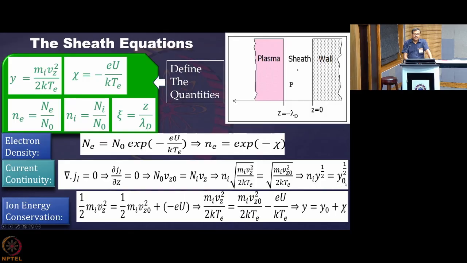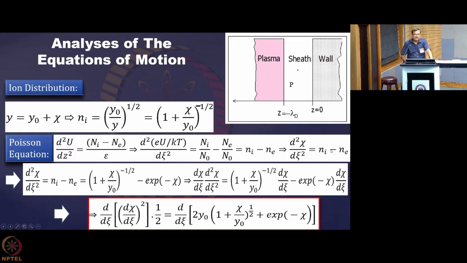Ni equal to the distribution of ions, that is y0 by y to the power half, or y by y0 to the power minus half. You remember that. Now, y by y0 is what? 1 plus chi by y0. So, this 1 plus chi by y0 to the power minus half you are getting over here.